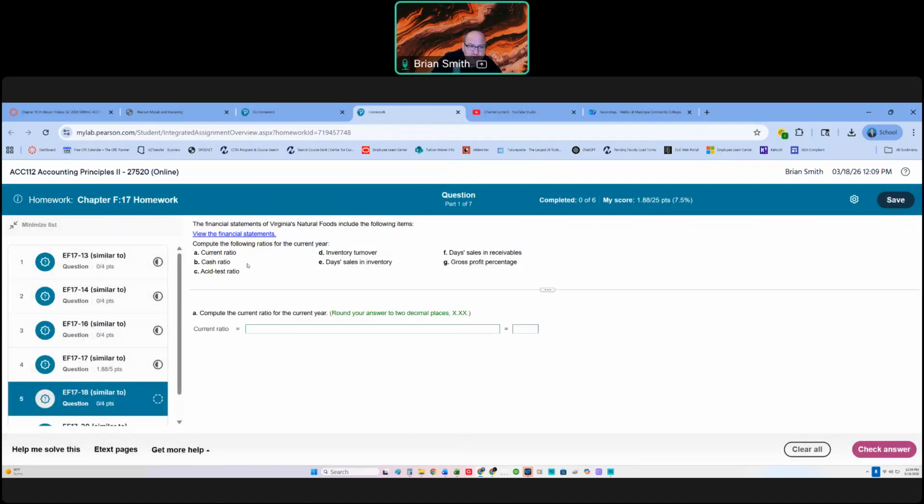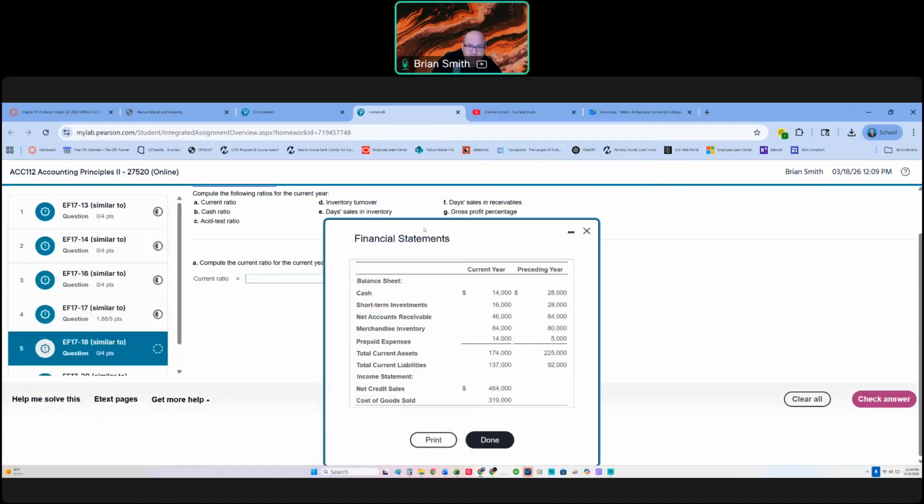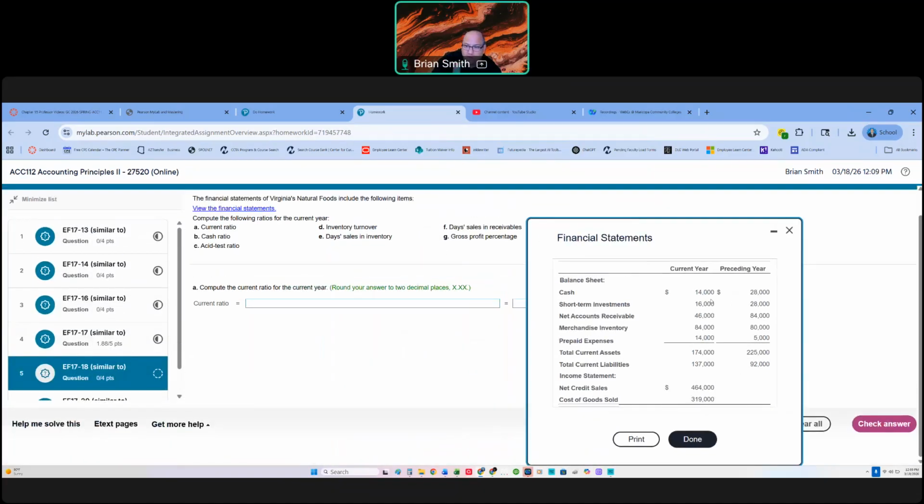Compute the current ratio for the current year. I'm just going to do that one, then you can look up all your ones and do the calculations. Again, I've done this on the Excel homework. You can look at that video and it goes through every single one of these, so that's why I'm not going to do it again. We've gone down 14,000, and that's just cash. Sorry, current ratio.